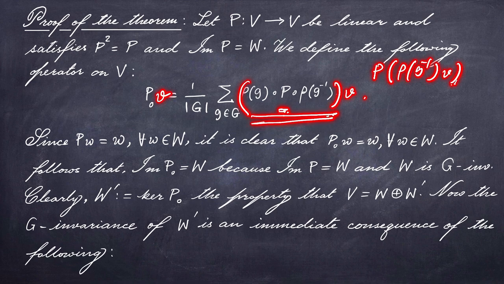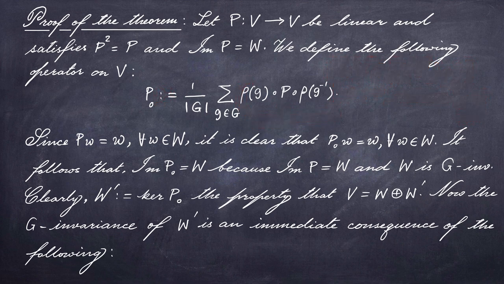This is certainly inside W for any v, because the image of P is W. Furthermore, when we operate rho g here, from the G invariance of W, it goes inside W. So now we see that the image of P naught is contained in W. A few minutes back we showed that W is contained in the image. So from this it follows that the image of P naught is W.